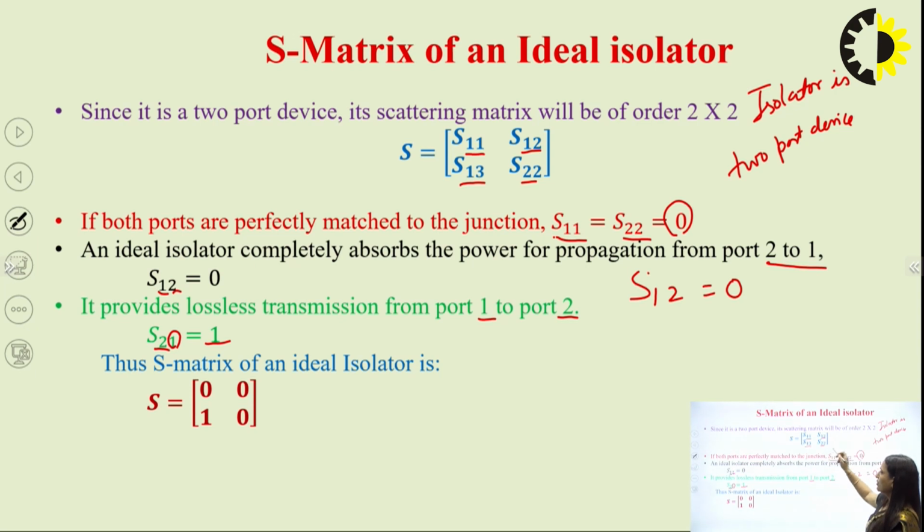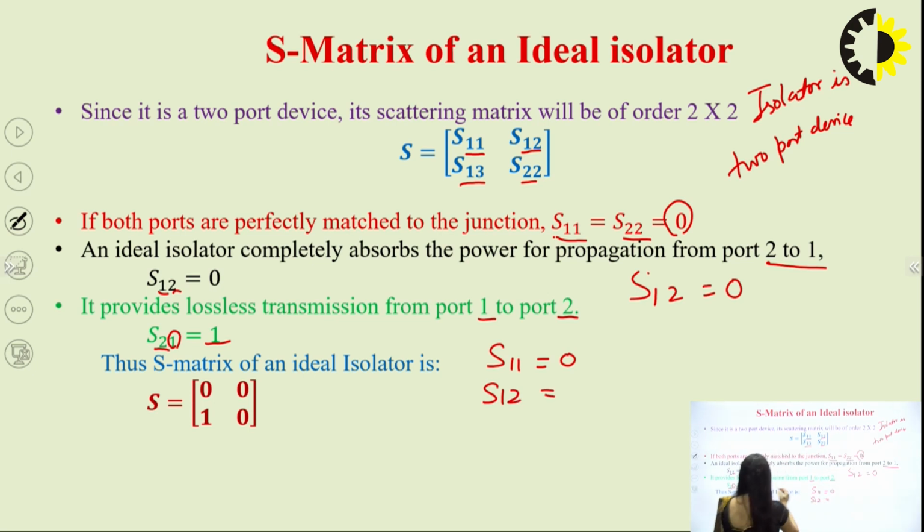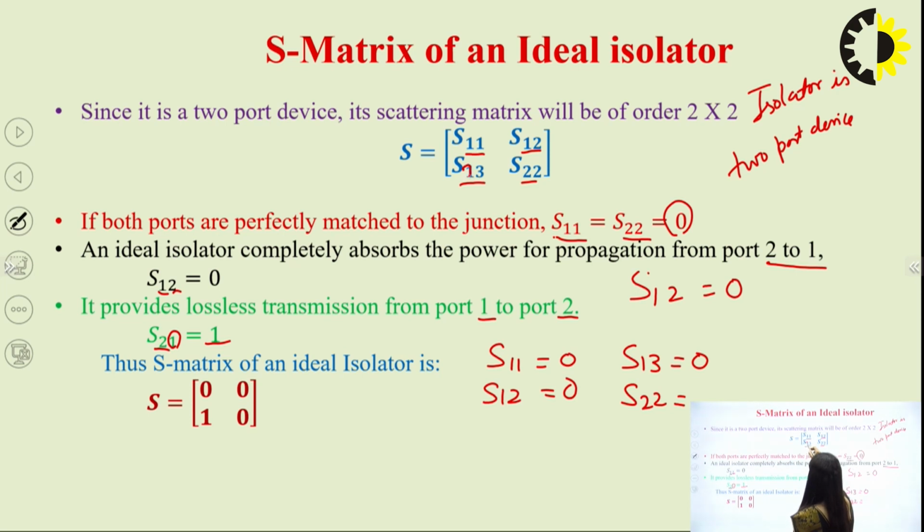So if I use all three properties, then your S matrix will become, what is the conclusion here? S11 is 0, S12 is also 0, this is your S21, S21 is 1 here, right?